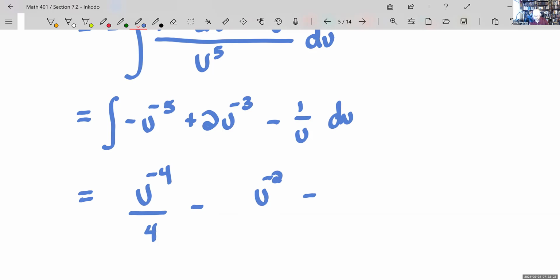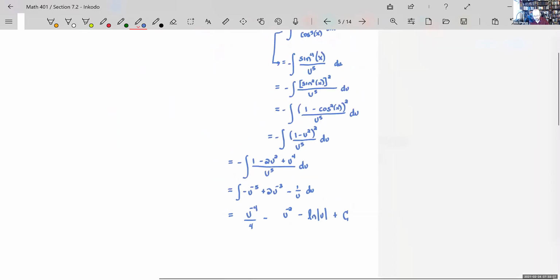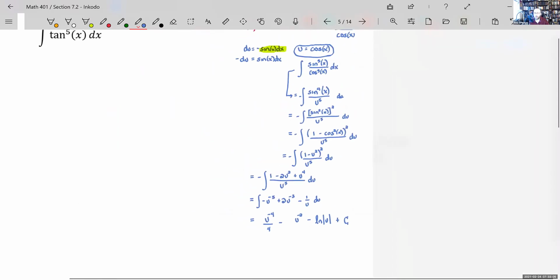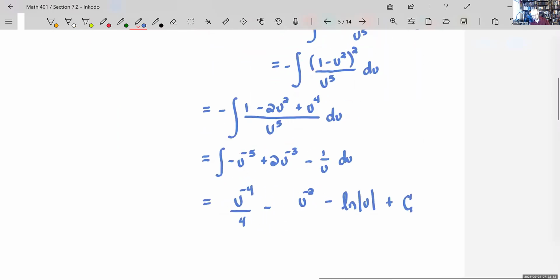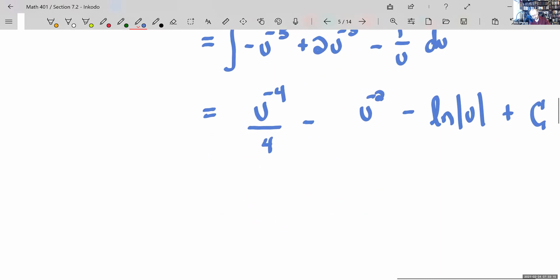And we're not done because we need to exchange those variables u for what they should be in terms of x, which is the cosine. So I'll give myself even more space, and I'll say that's equal to, you could write as cosine of the negative fourth over 4. I'm actually going to write it as secant to the fourth of x over 4, because that's what 1 over cosine is.